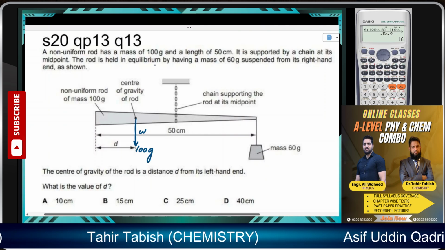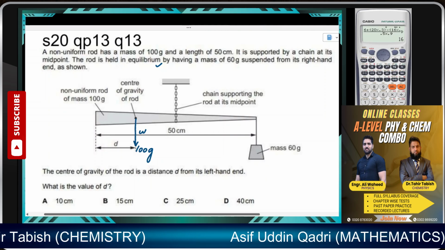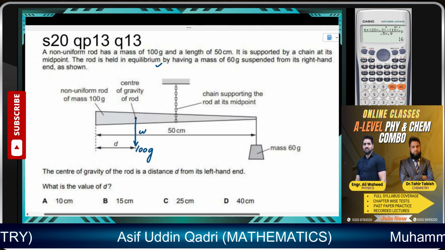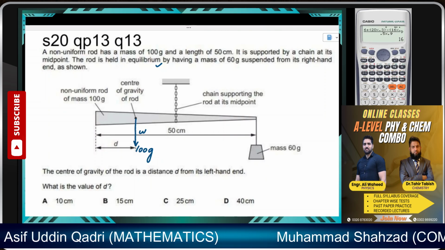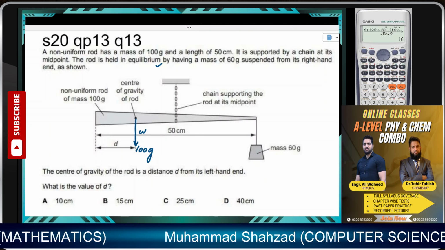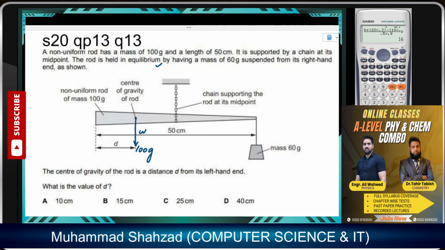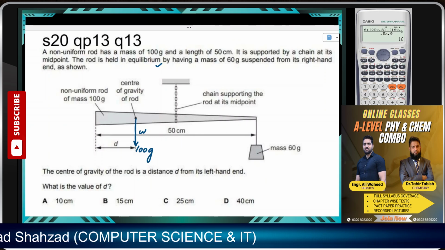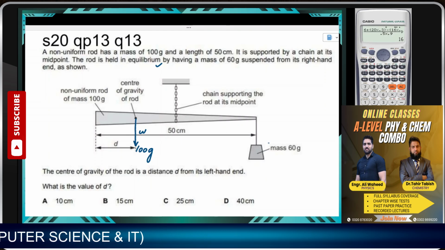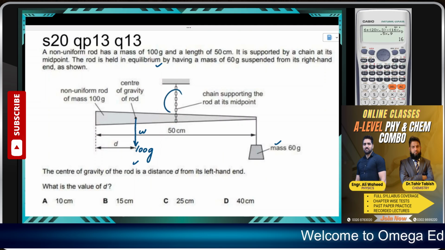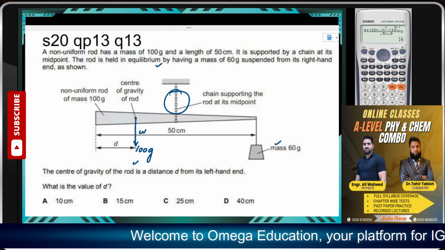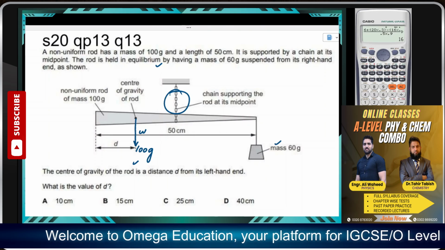It is in equilibrium, so we have the warrant to apply the principle of moment. How many masses do we have? One over here, the other one over here, and there could be a force due to this chain.